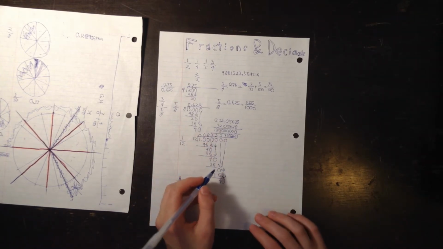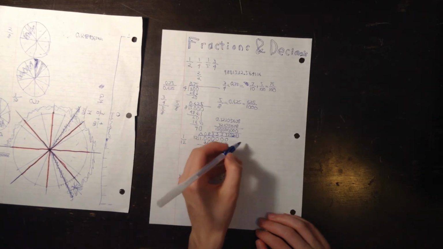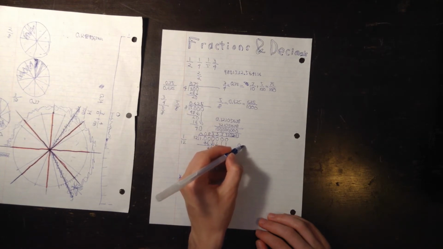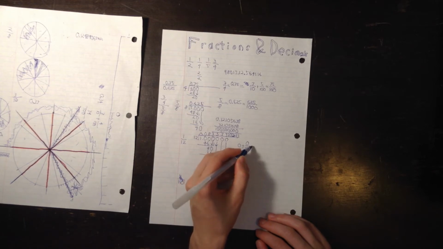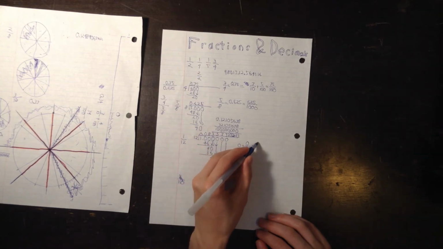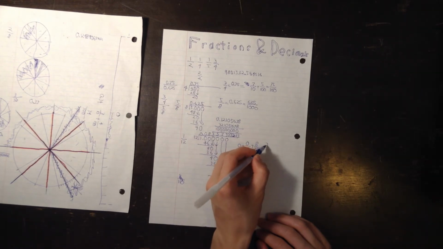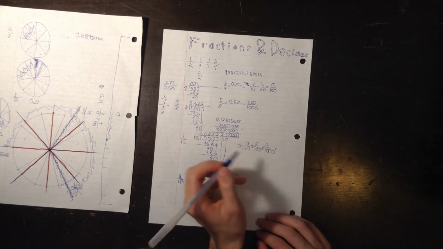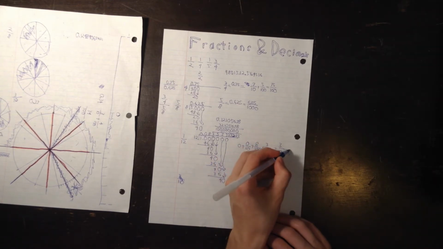This is basically the same thing as saying you have 0 ones, plus you have 0 tenths, plus you have 8 hundredths, plus you have 3 thousandths, plus you have 3 ten-thousandths, and it just keeps going like that.